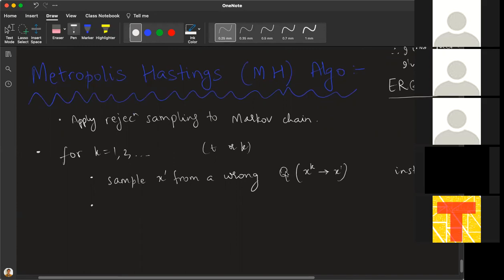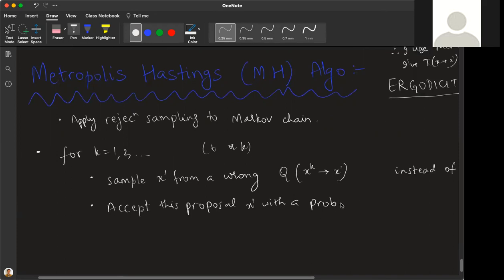So now we say accept this proposal x dash, my new sample, with some probability A of xk to x dash.